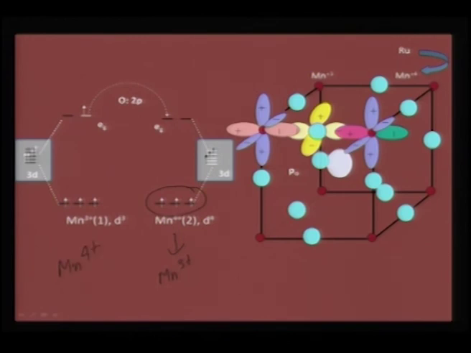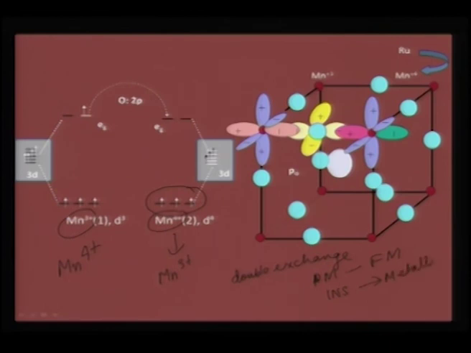As a result, there will be a shift of this electron back and forth, which is called double exchange, and because of this double exchange phenomenon that is happening mainly because of the presence of Mn3 plus and Mn4 plus, there is an interesting change from a paramagnetic to a ferromagnetic state and from an insulator to a metallic state.